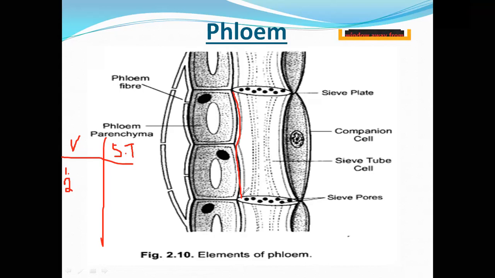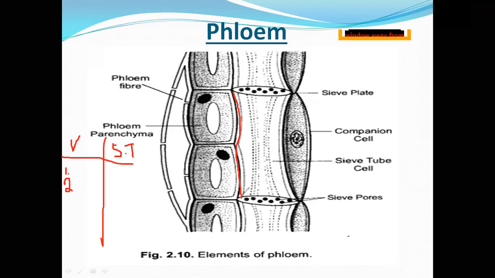One more difference is, vessels are generally dead when they reach maturity, but sieve tubes are alive even at maturity. Vessels are permeable to both solute and solvent molecules, but sieve tubes are semi-permeable in nature.